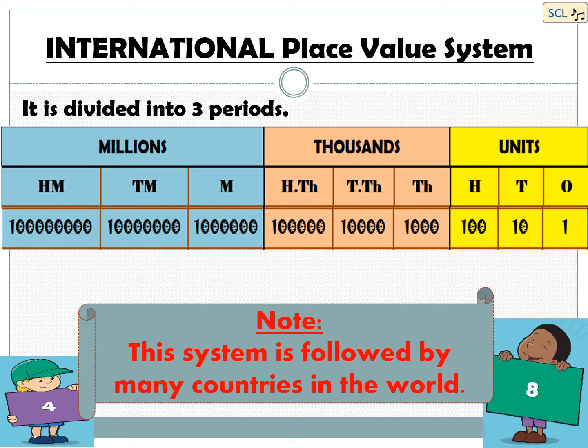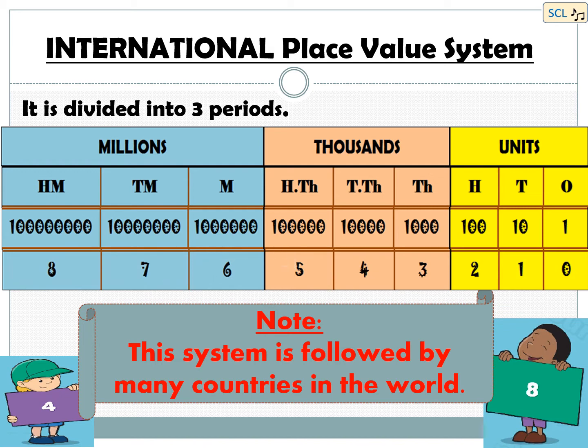Here also, ones is written as 1 without a zero, tens as 1 with 1 zero, hundreds 1 with 2 zeros, 1,000 is 1 with 3 zeros, 10,000 is 1 with 4 zeros, 100,000 is 1 with 5 zeros, millions 1 with 6 zeros, 10 million 1 with 7 zeros and 100 million will be 1 with 8 zeros.